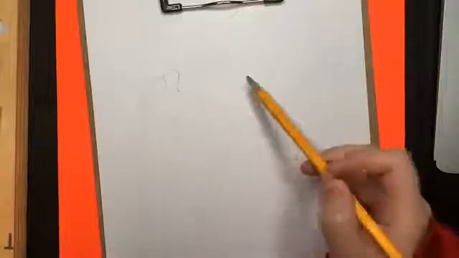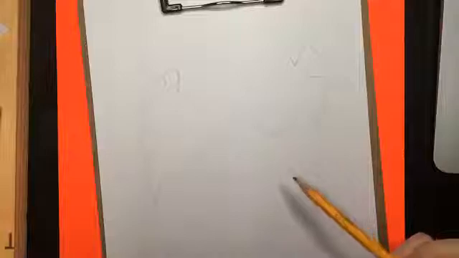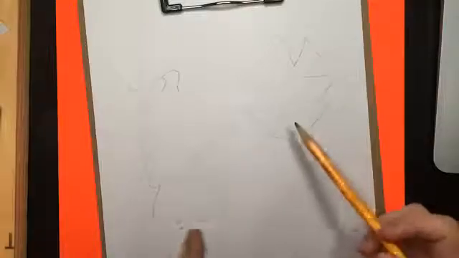So just do a quick little scribble, maybe a couple. You can do some more angular. Right now they're just scribbles. Do a bunch. And yours will look different than mine, obviously. It would be weird if we scribbled the same way.